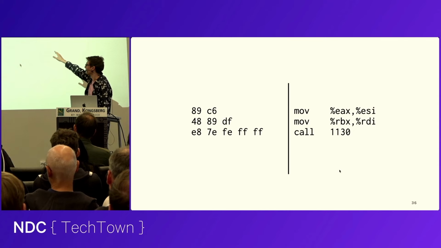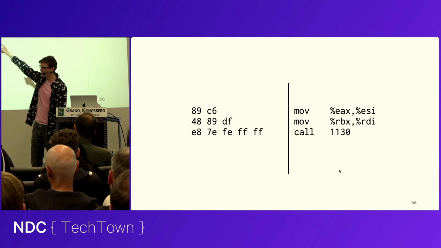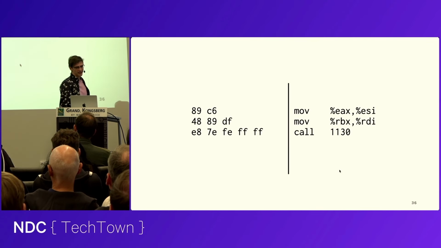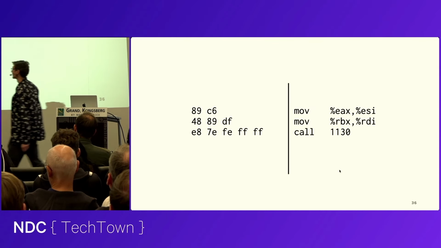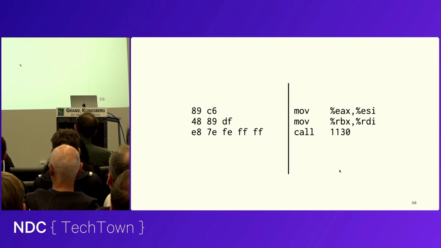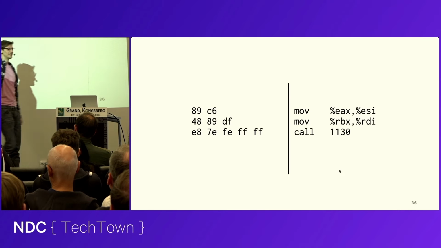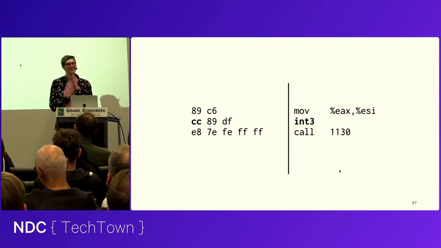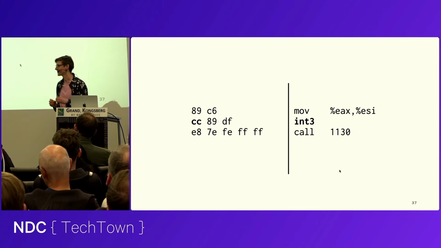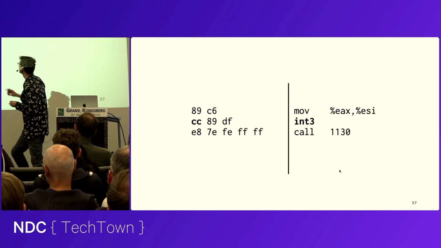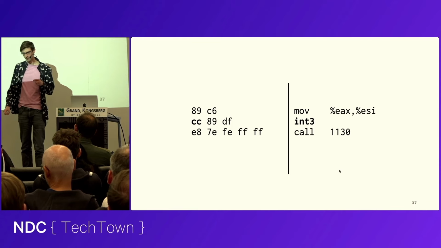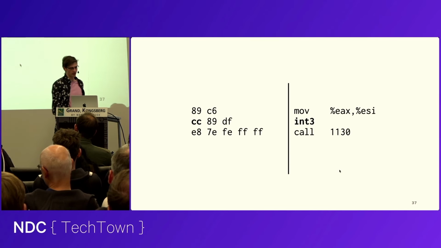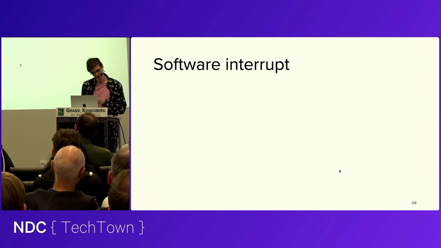Say we want to set a breakpoint on the second move. What do we do? We go over here, take this byte, remember it, and replace it with, whoops, not a blank screen, 0xCC. 0xCC is the instruction encoding for the int3 instruction, which is a specific kind of software interrupt.